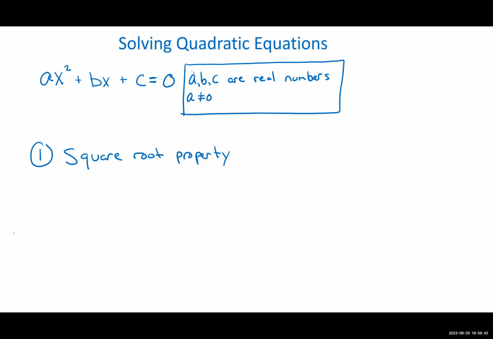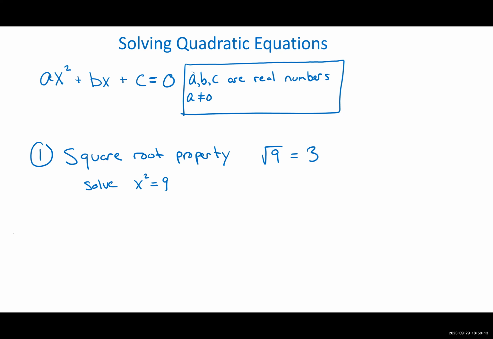The square root property. So for example, if I were to ask you what is the square root of 9, you might say 3. Square root of 9 equals 3. Another way of asking this question would be to say, solve x squared is equal to 9.